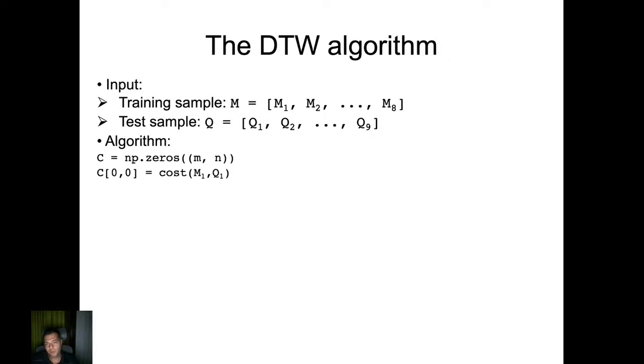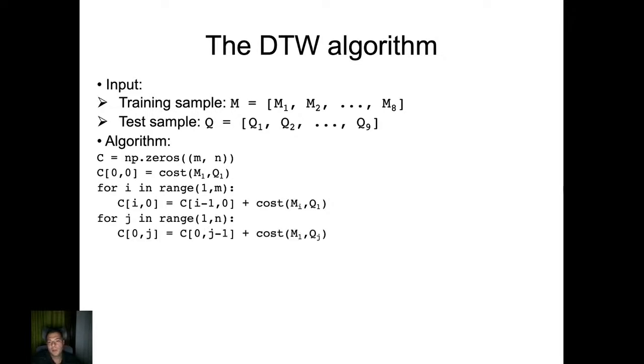Now for the first location, you add the cost between matching the first frame from the two trajectories, and then we solve for the problems P of i and 1 and P of 1 and j.